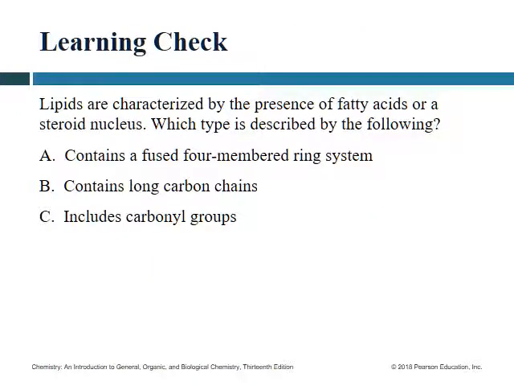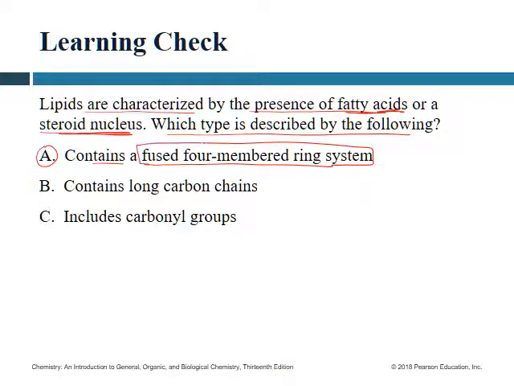So let's talk about a problem about all the concepts that we just learned. Lipids are characterized by the presence of fatty acid or a steroid nucleus, which type is described by the following. A. Contain a fused 4-member ring system.